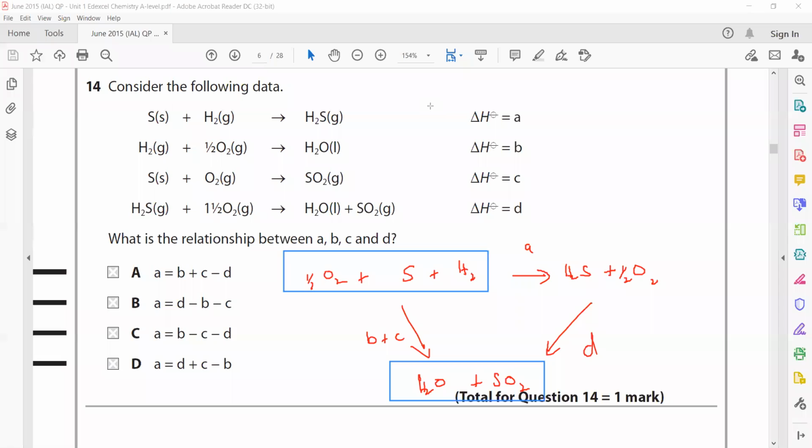When we apply Hess's law, A plus D equals B plus C. But we need A, so A equals B plus C minus D. That's why A is the right answer for question 14.